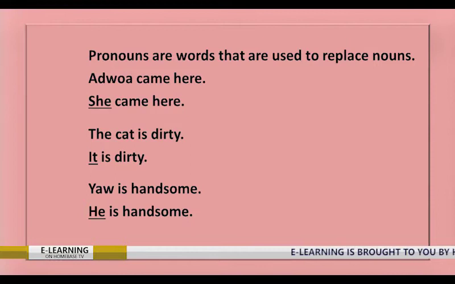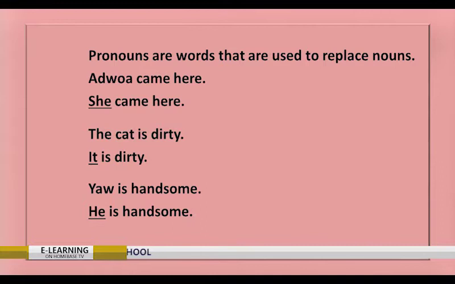Pronouns are words that are used in place of a noun. So in our sentences over there, we can identify the nouns. Again, the first sentence, Ajua came here. Ajua is the noun. Then she is the word that is used in place of Ajua. So she becomes the pronoun. The cat is the name of an animal. It is also a noun.